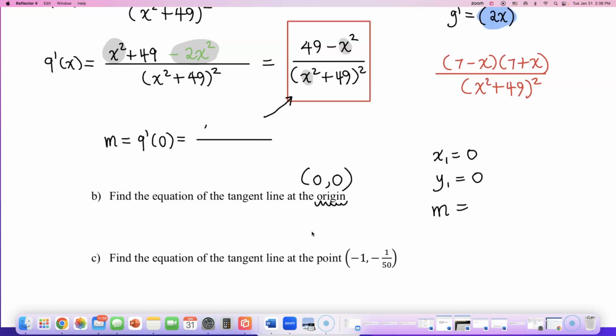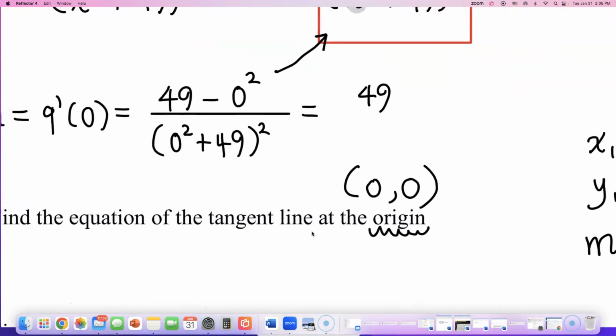That's going to be 49 minus 0 squared over 0 squared plus 49 squared. Oh, it's going to be yucky. That is going to be 49 on top, right? Focus with me. So 49 minus 0, that's just 49, right? Now look at this.